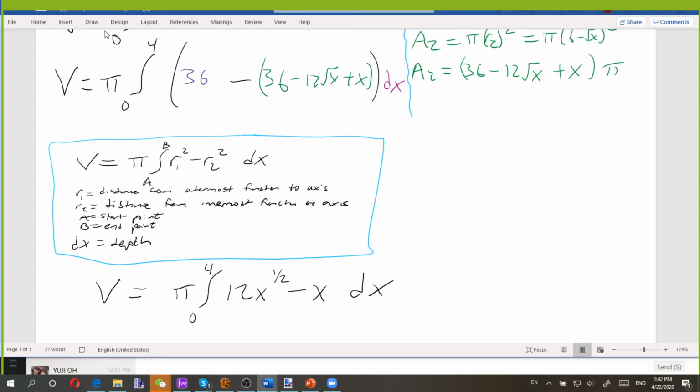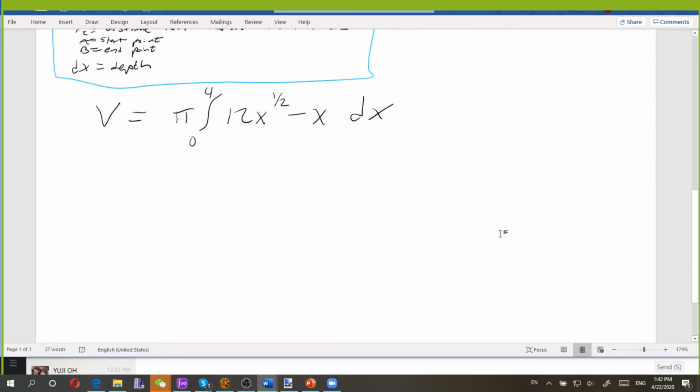Then I need to integrate this. So I'm going to add 1 to the power and divide by the new power for every term. What's going to happen when we integrate? We should add 1 to the power of each, right? Yep. What's 1/2 plus 1? 3/2.